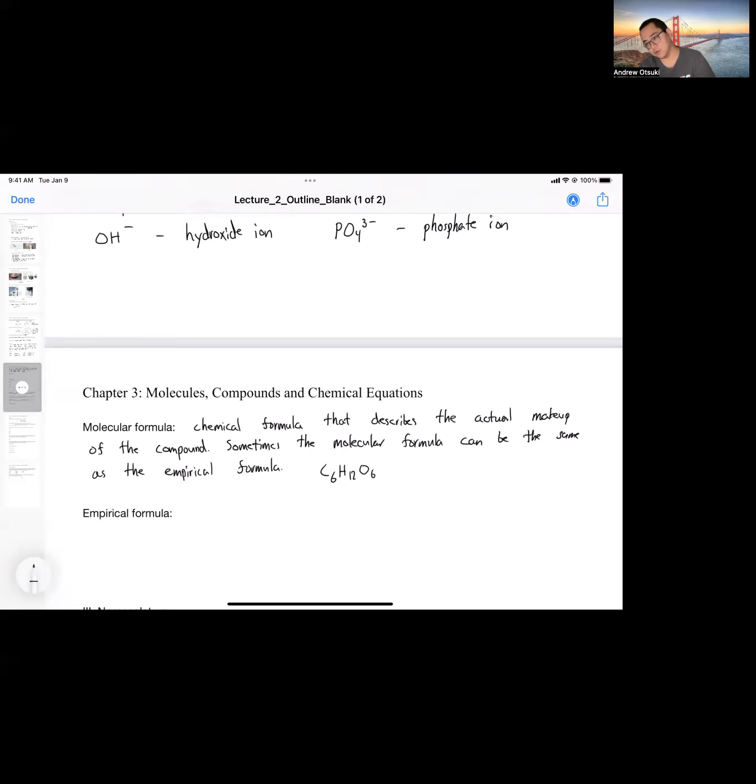So we convert glucose into carbon dioxide, water, and oxygen. That in turn causes energy to be produced and consumed by the cell or our bodies. Okay, so that's our primary source of energy. So that would be an example here, glucose.